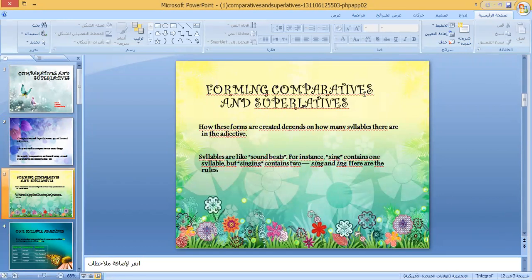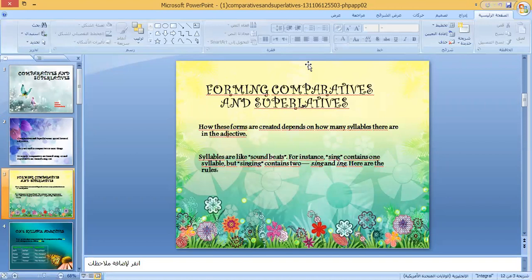Forming comparatives and superlatives. How these forms are created depends on how many syllables there are in the adjectives. Syllables are like sounds, beats. For instance, sing contains one syllable, but singing contains two: sing and ing.